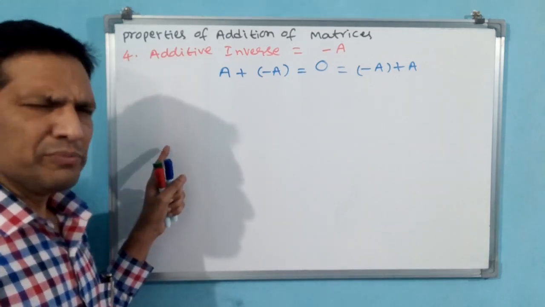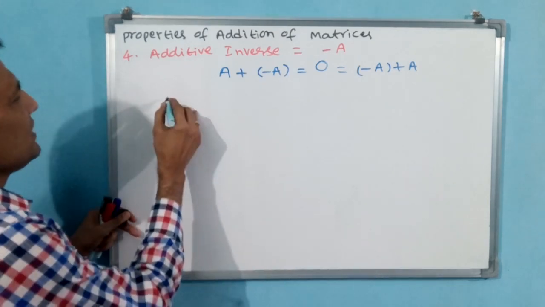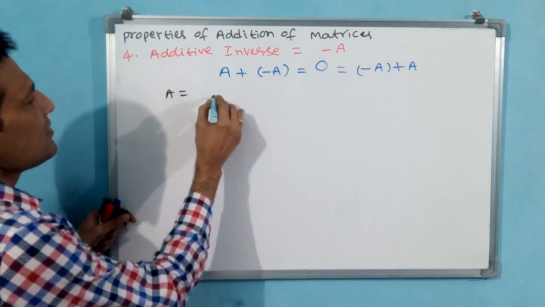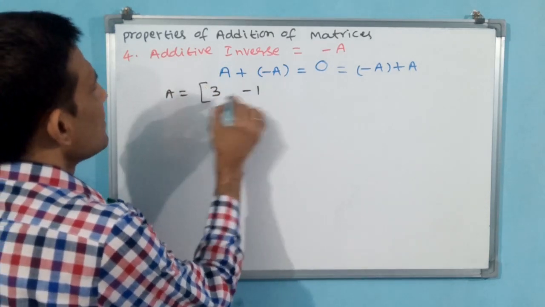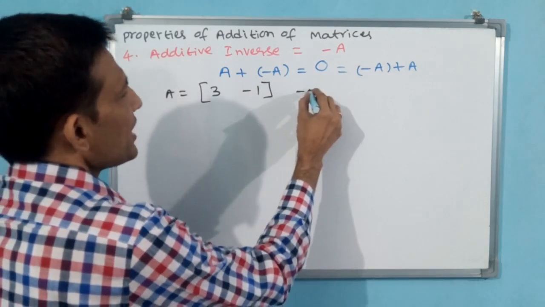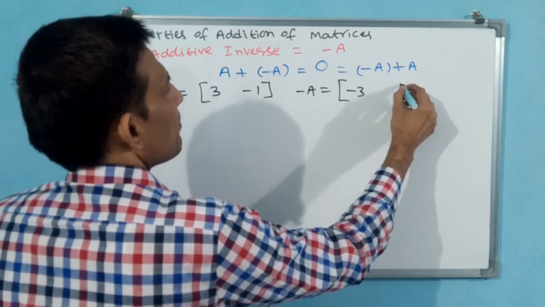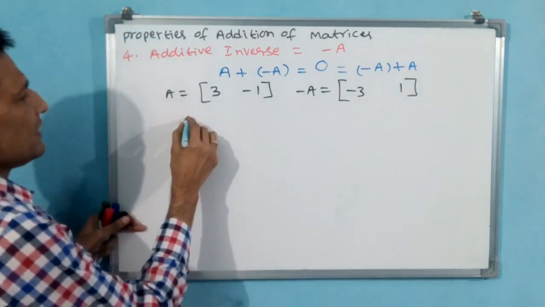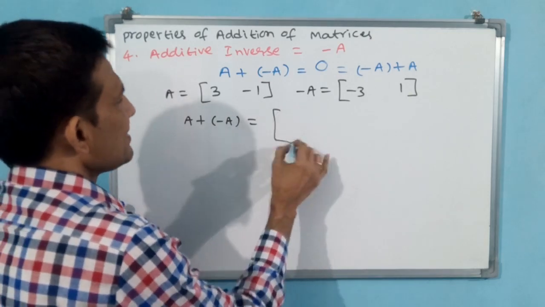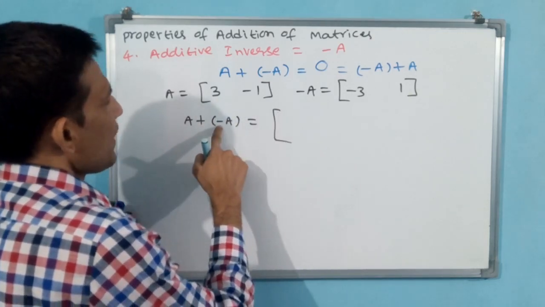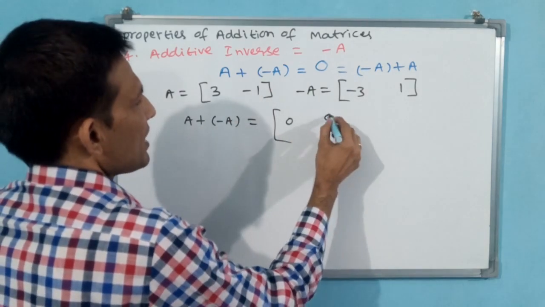We take one simple example, a 1 by 2 matrix, then we can understand. You see here, let A is equal to 3, minus 1. Then negative A is minus 3, plus 1. Then A plus negative A: 3 minus 3 is 0, minus 1 plus 1 is 0.